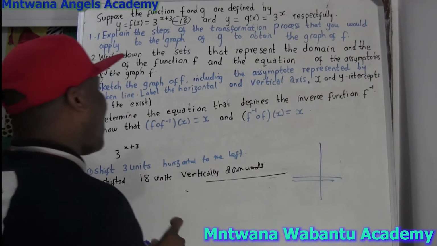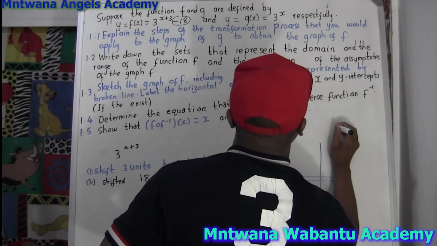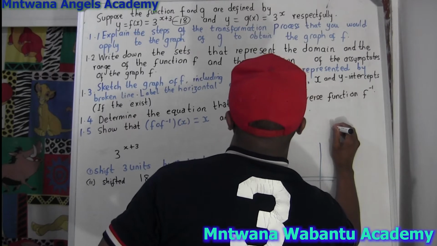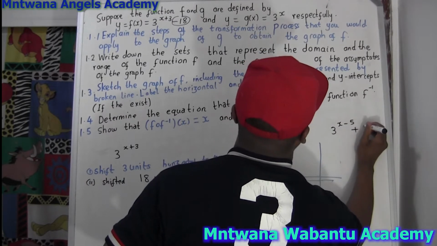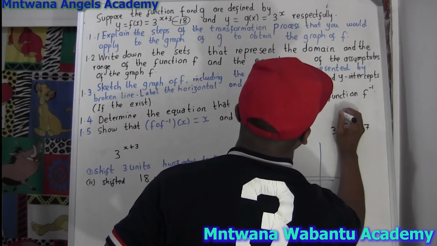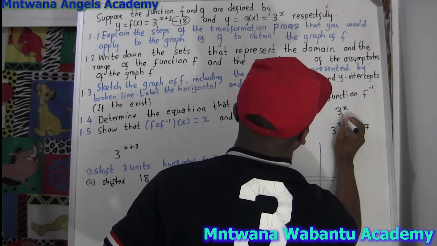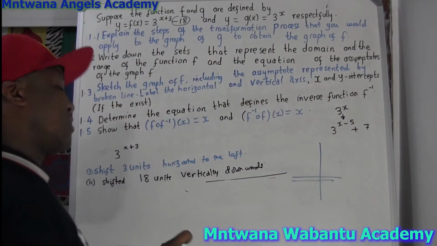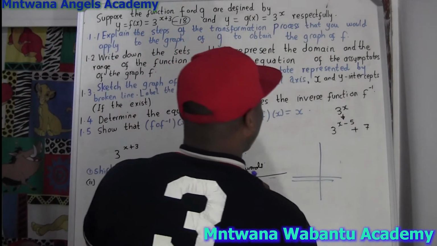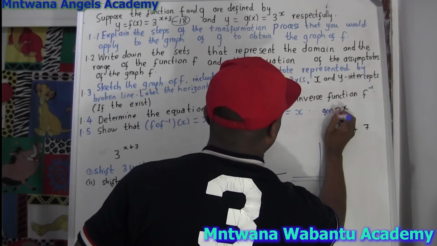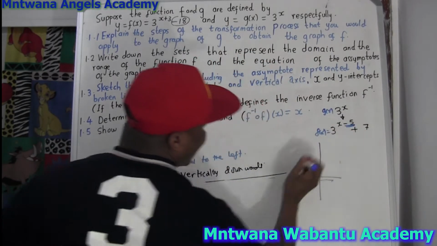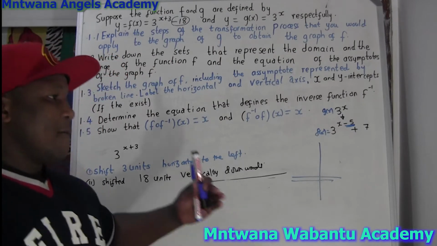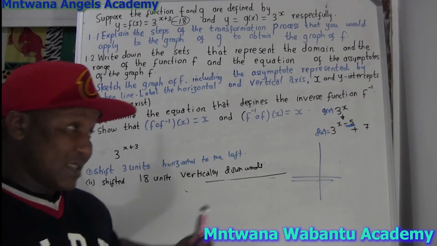So yeah, that's it. For example, how if it was like this? Let's say it was 3x minus 5 and then plus 7. So how are we going to move this to get this? Let's say this is g of x, and let's assume this is f of x. Since it's negative, I'll say the graph was shifted horizontally because it's x.